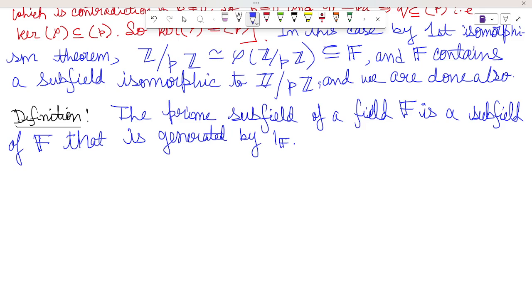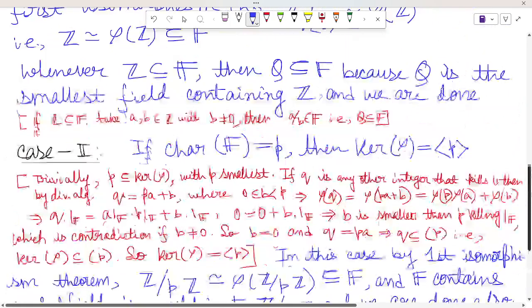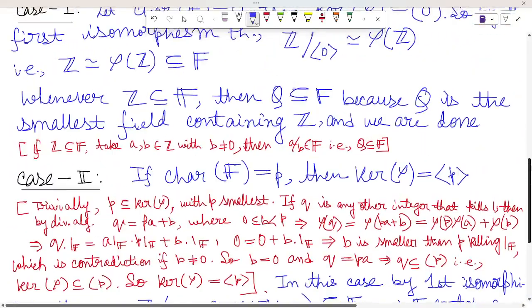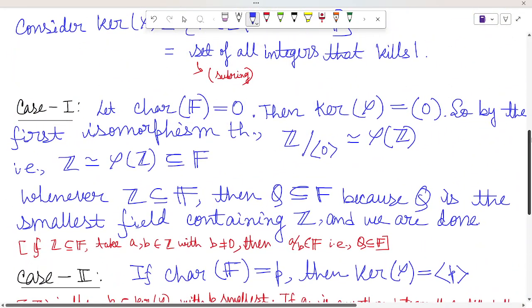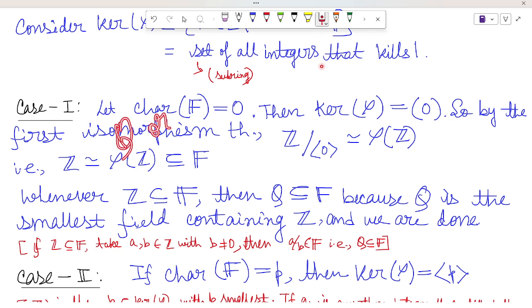So what we have done here, from there I can say that the prime subfield is isomorphic to either Q or Z_p.